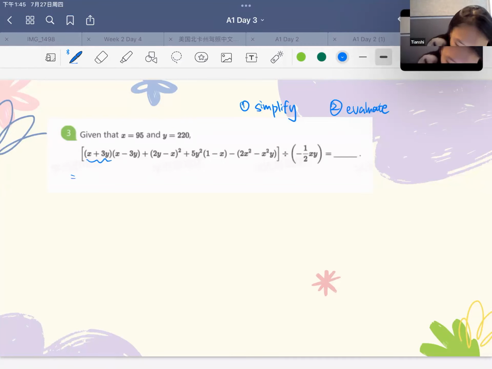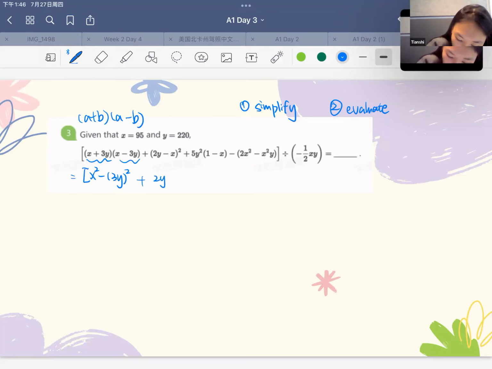For the first two terms, (x plus 3y) times (x minus 3y), we can use the difference of squares formula. So it equals x squared minus (3y) squared. And then for the second term, we can open up the parentheses.